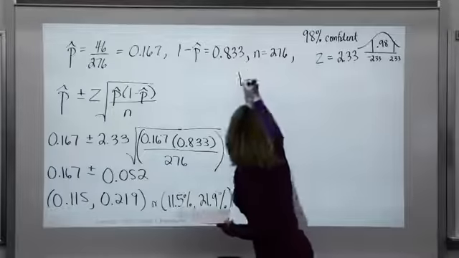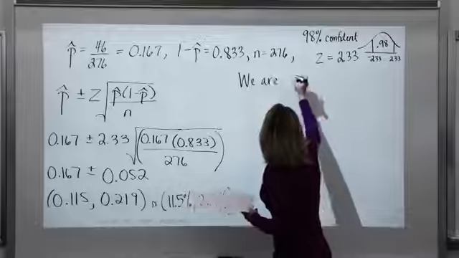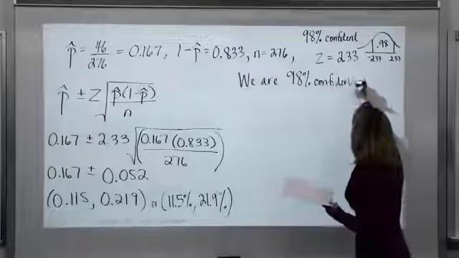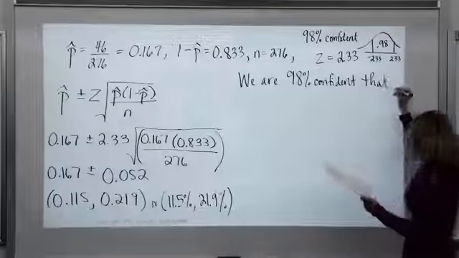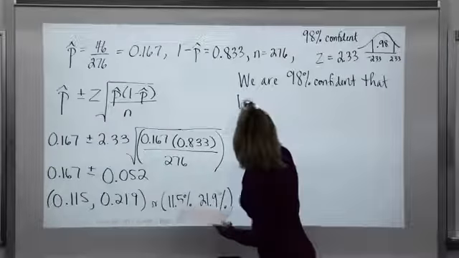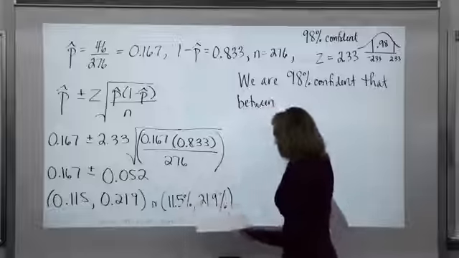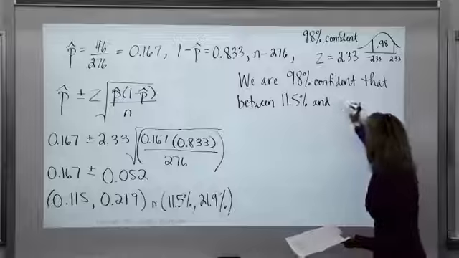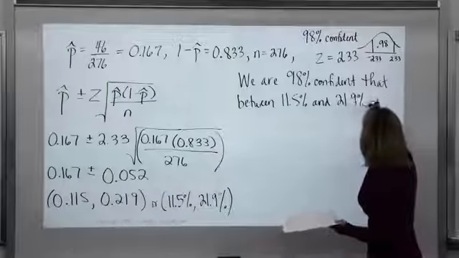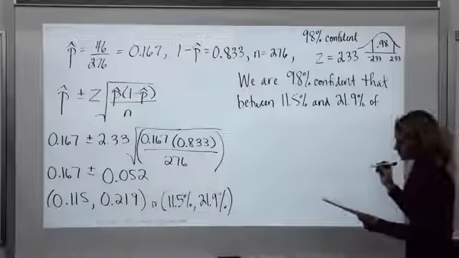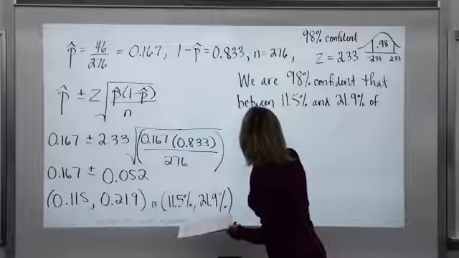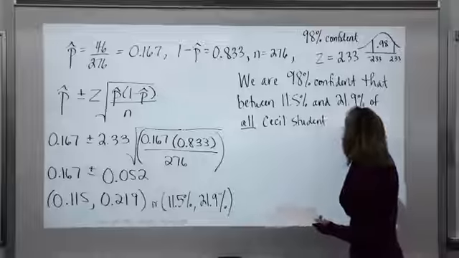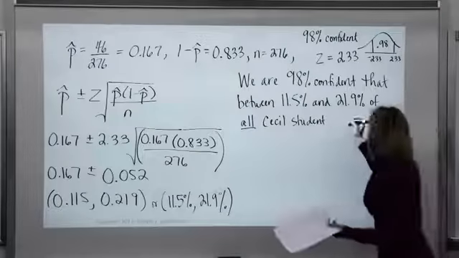So we'll write a sentence to interpret this. We are 98% confident that between 11.5% and 21.9% of all Cecil students use the gym.